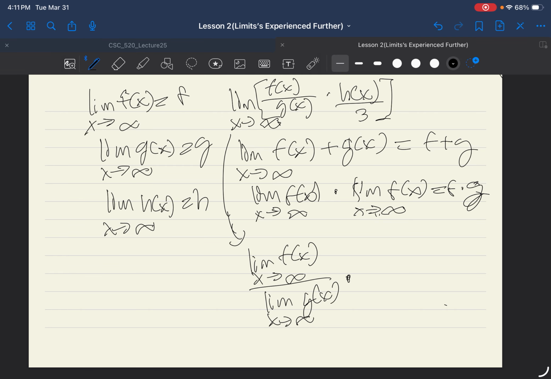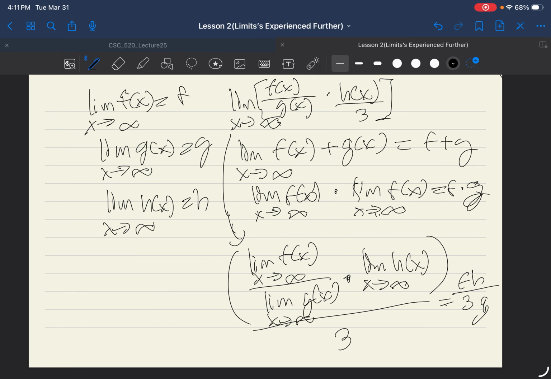Times the limit as x approaches infinity of h of x, and we can divide this all by 3. So what we end up with is f times h over 3g.